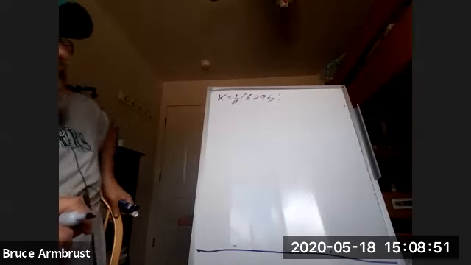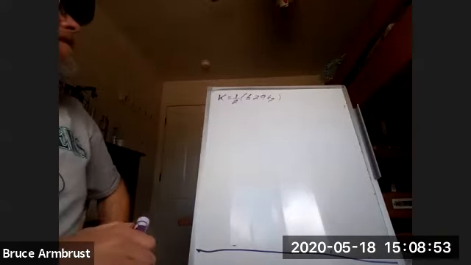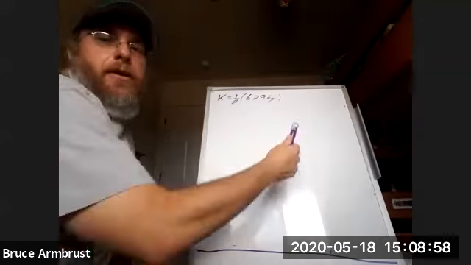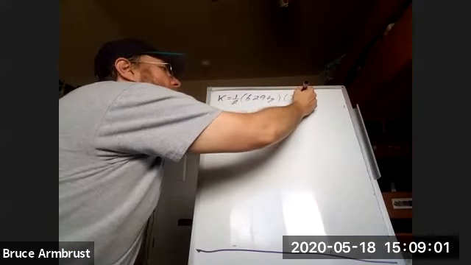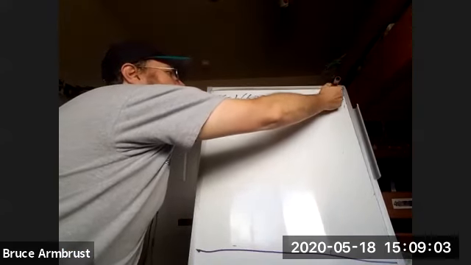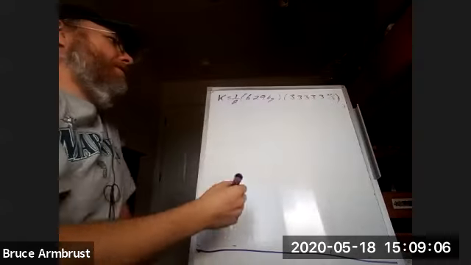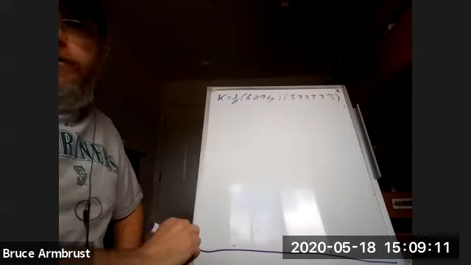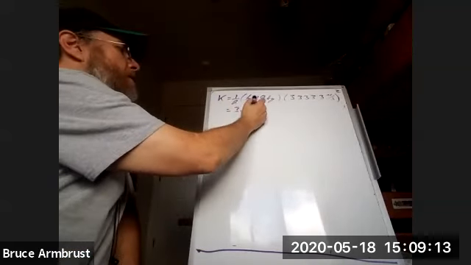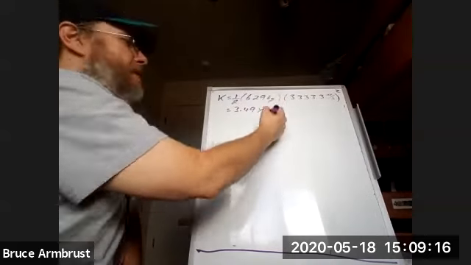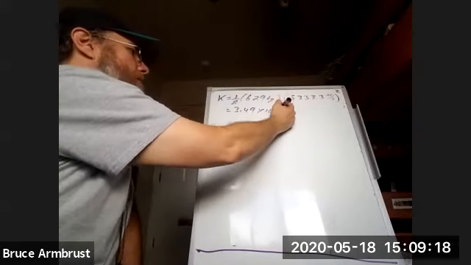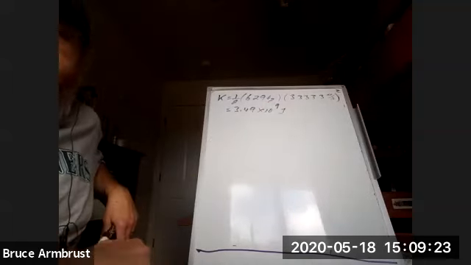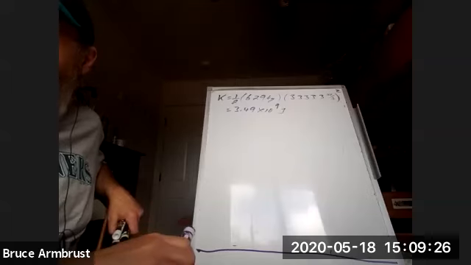But the velocity, we had to convert to meters per second because I gave it to you in kilometers per hour. If you convert it, it's 3,333.3 meters per second. So if you go ahead and run those, you get 3.49 times 10 to the 9 joules. So about 3.5 gigajoules of kinetic energy.